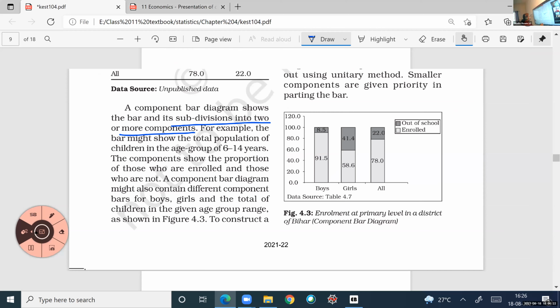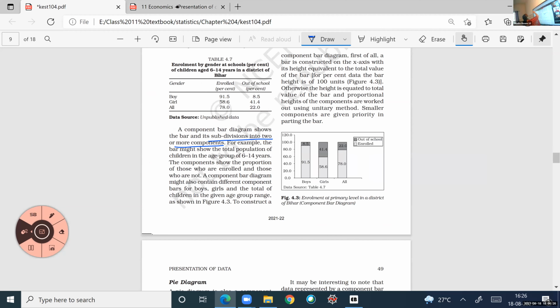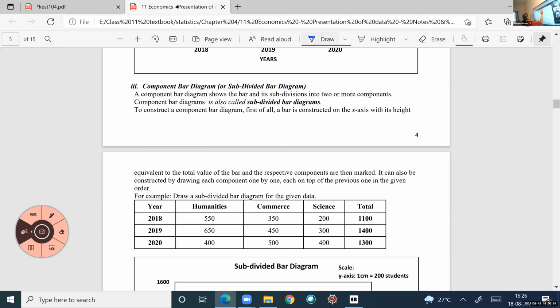Now let me show you the features related to it. Two or more components will be there. Because of that reason, we call it subdivided bar diagrams. To construct that, the bar will be constructed on the x-axis according to its height, or according to the total value given. And from that total value, whatever is given for the components will be marked.